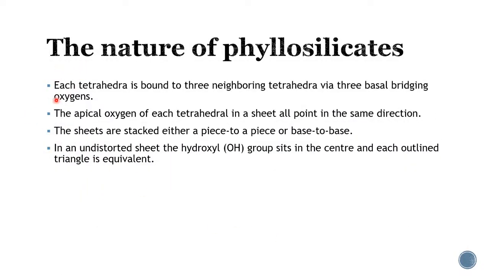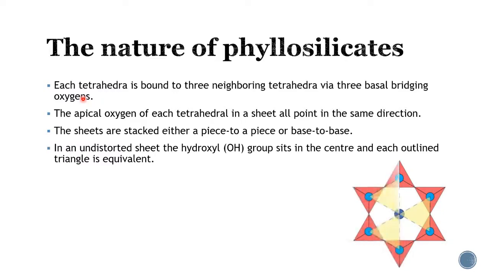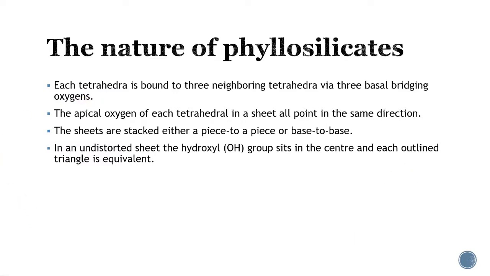Each tetrahedron is bound to 3 neighboring tetrahedra via 3 basal bridging oxygens. That's what I explained in the diagram. Let me take you to the previous slides.